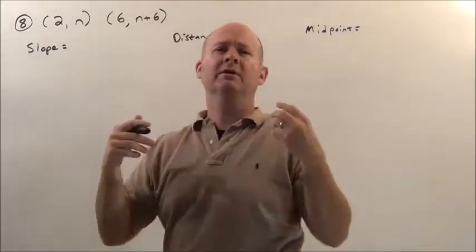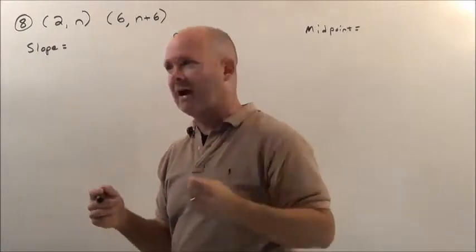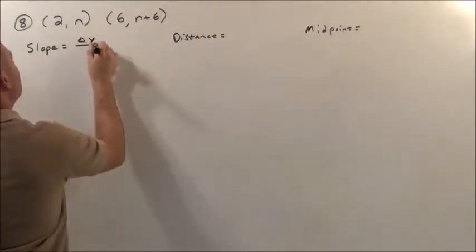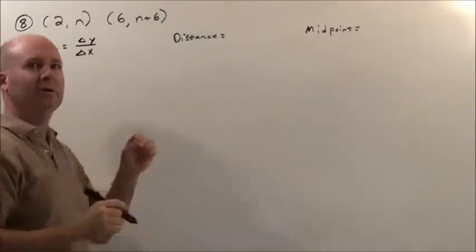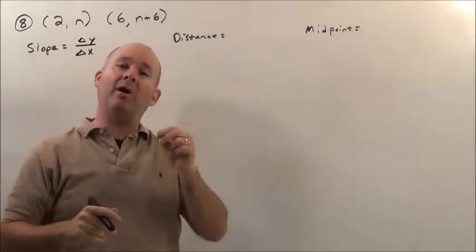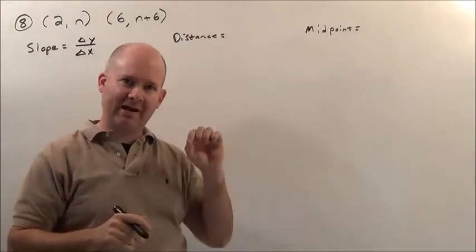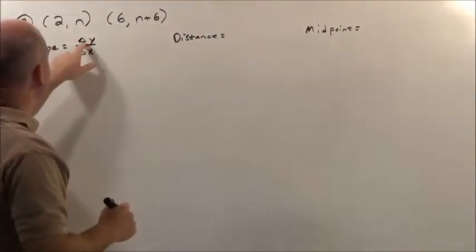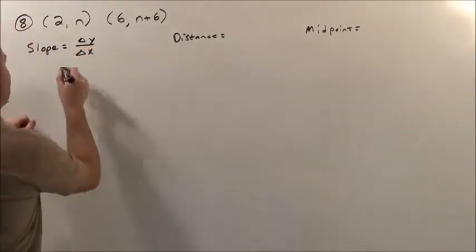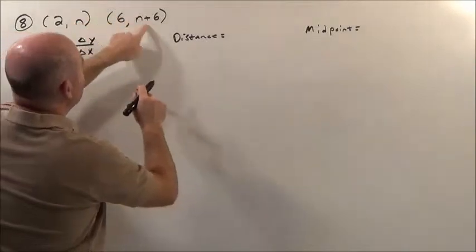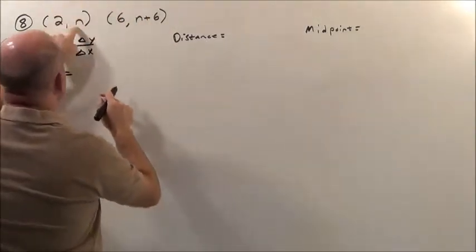We've already learned from some of the other videos or in class, we know the slope is simply the change in our y's over the change in our x's. Remember, rise with the y's and run with the x's. So let's just subtract our y values divided by subtracting our x's. Do you want to do n minus n plus 6 or n plus 6 minus n?